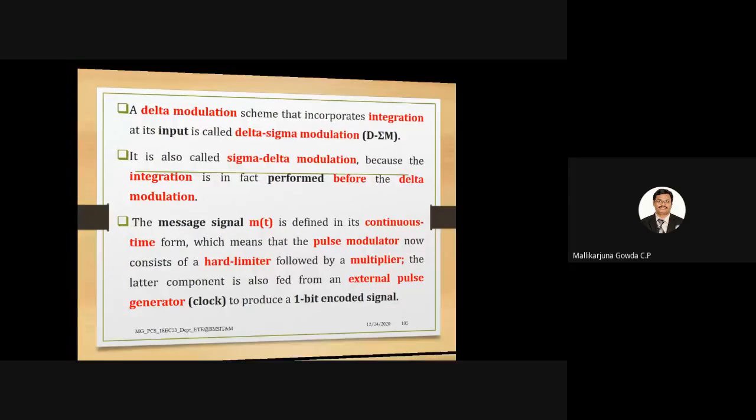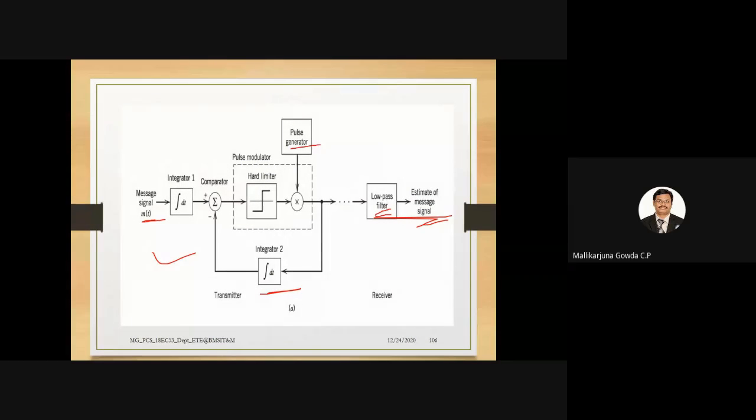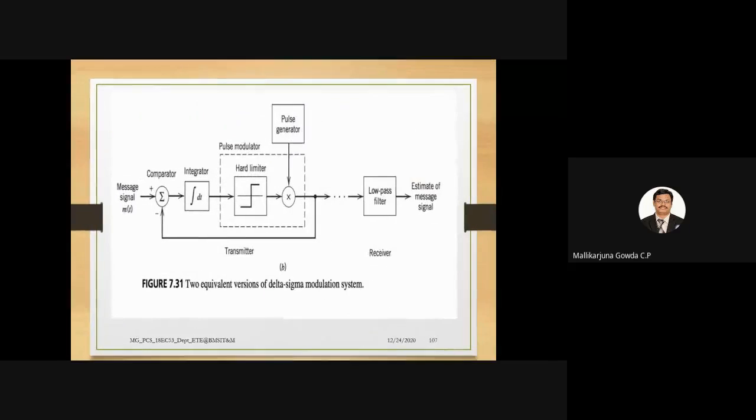The hard limiter is nothing but the quantizer, a 1-bit quantizer. The pulse generator is used to encode the output of this hard limiter. This is another way of representing the same thing, an equivalent version of the delta sigma modulation system.